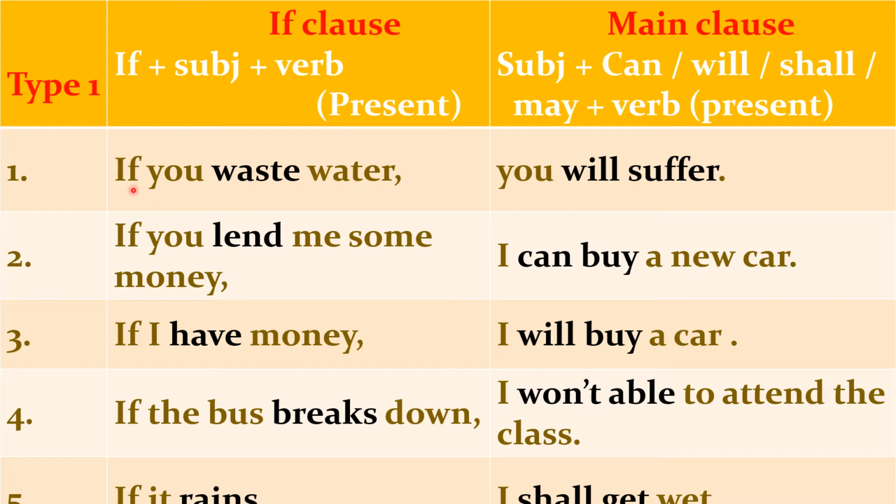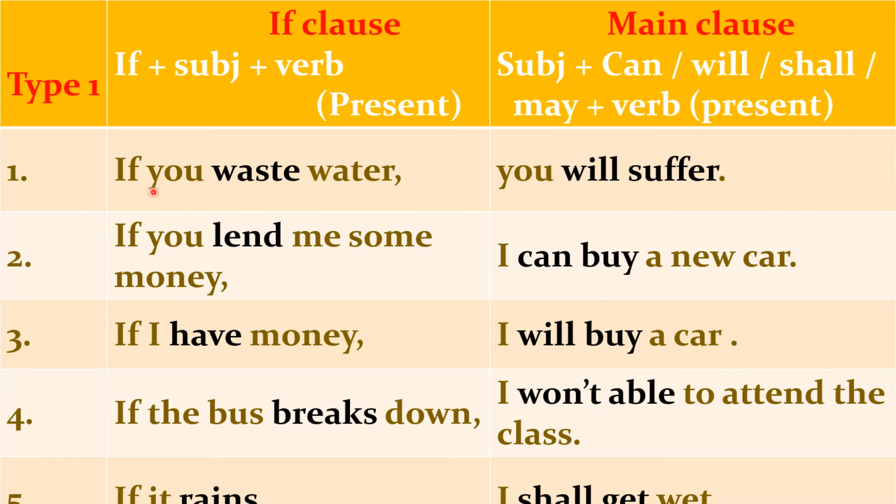If plus subject plus verb. This verb is in present tense. Waste is in present tense. You, subject, will plus present tense verb. You will suffer. We can keep it like this also in mind.